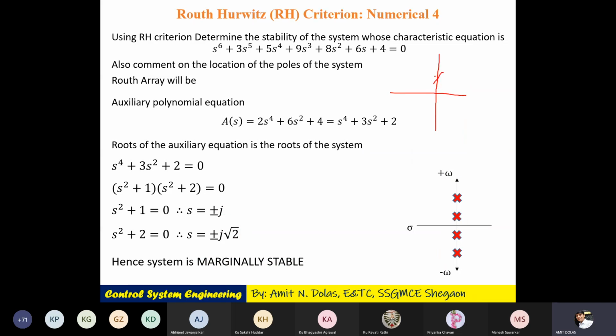If I have only one imaginary pole, then response will be what? Response will be like this. And if I have double, not repeated but double, then my response is again bounded. My response is like this.